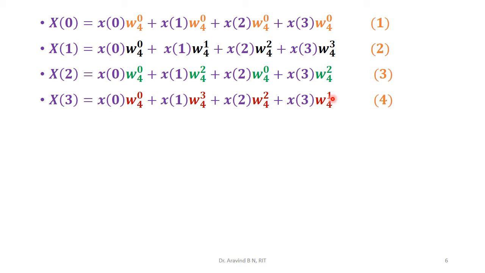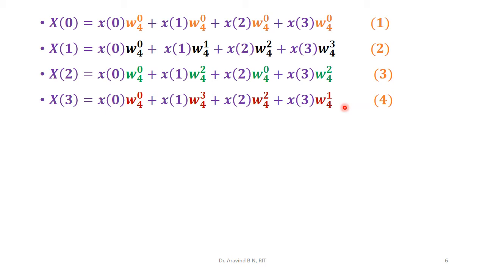Now, we are converting these four expressions into a 4 cross 4 matrix. On the left hand side, we have x of 0 to x of 3. We are going to retain that as a column matrix. Among these four expressions, the values which are the same at the same positions in each expression, we are again going to keep as a column matrix.